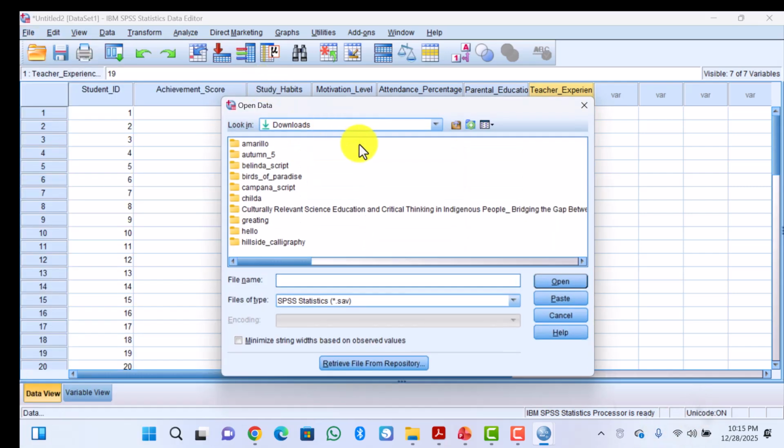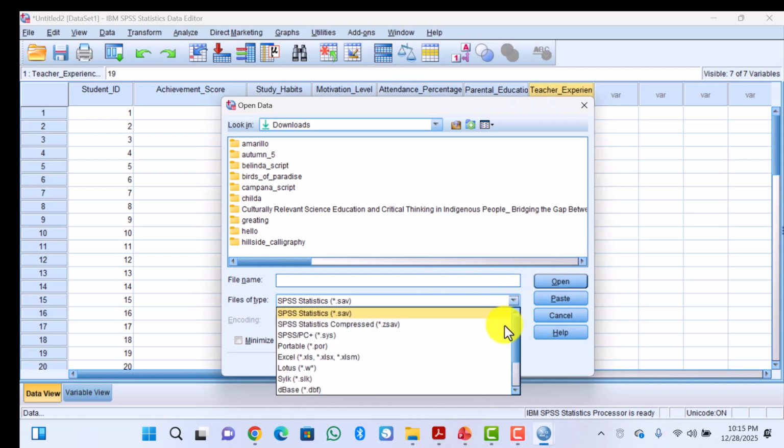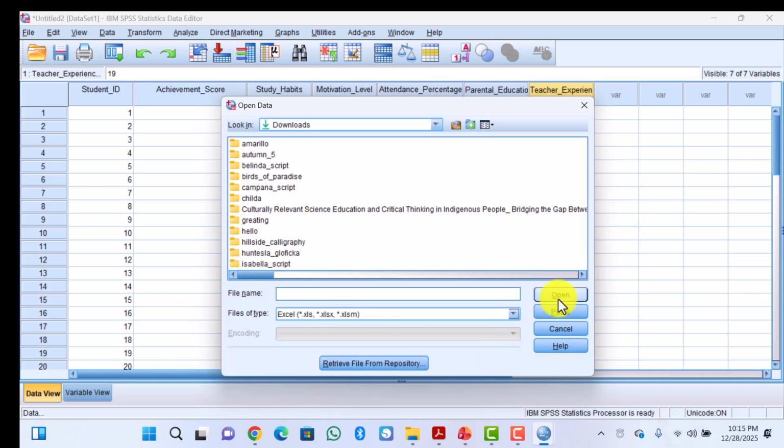And I said what we must first check is that we must check for significant relationship before we proceed to running multiple regression.